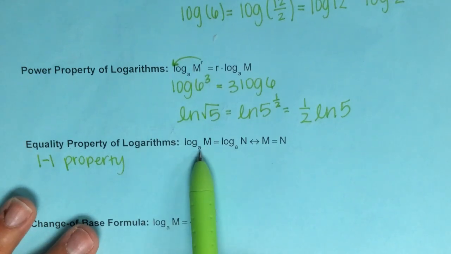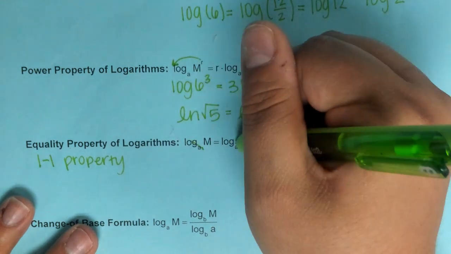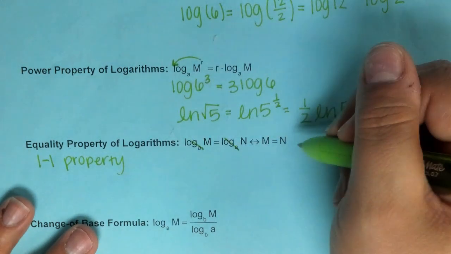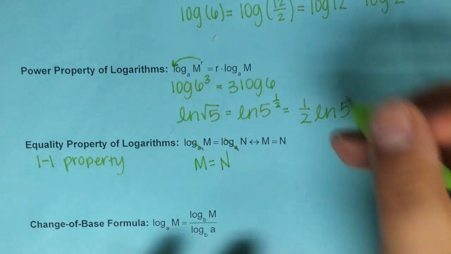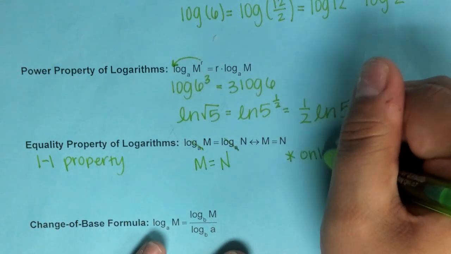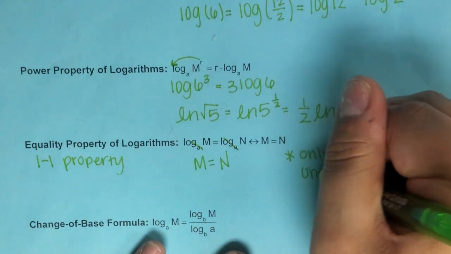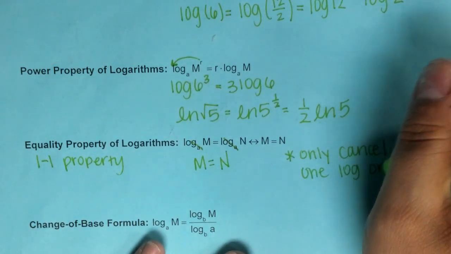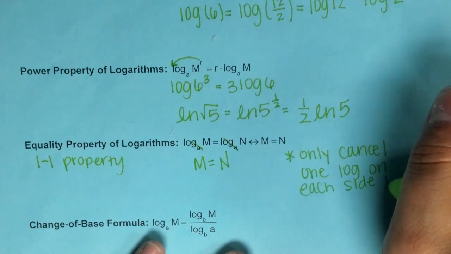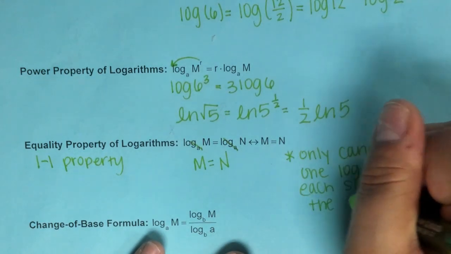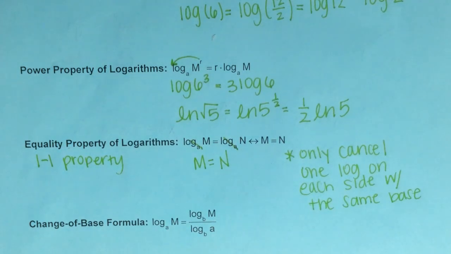So if I have a log base a of m equals the log base a of n, and they have the same base, they can cancel. So m equals n. But remember, you can only cancel 1 log on each side with the same base. If they don't have the same base, you cannot cancel them.